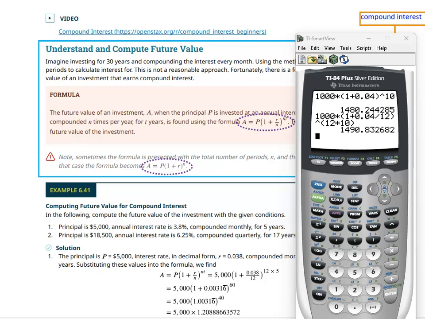One last thing I want to do with this one here is to show that if you compound it even more often than the 12 months or 1 year, for example, daily, 365, you come up with an interesting number.